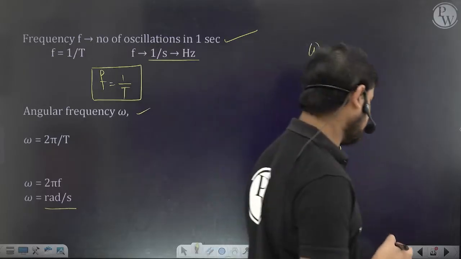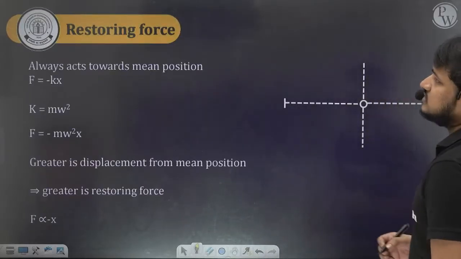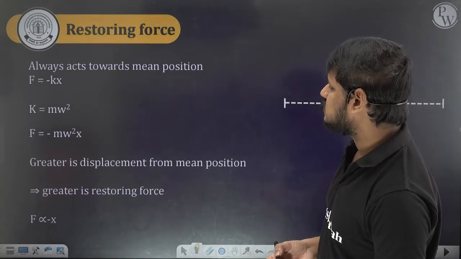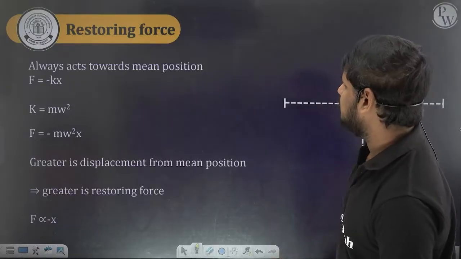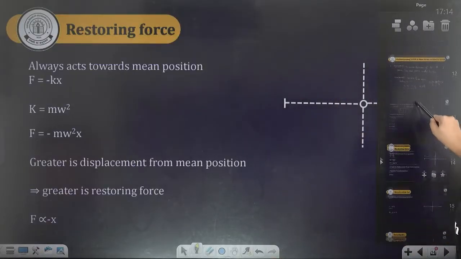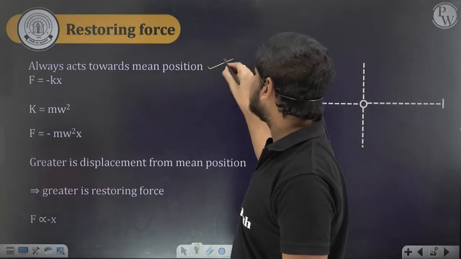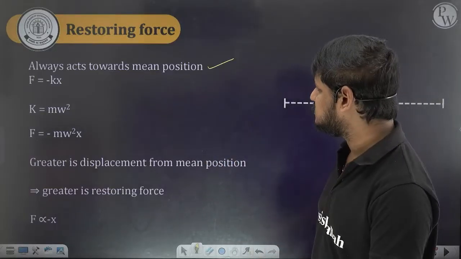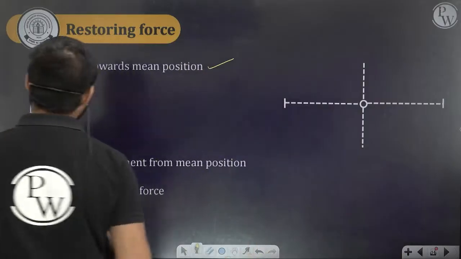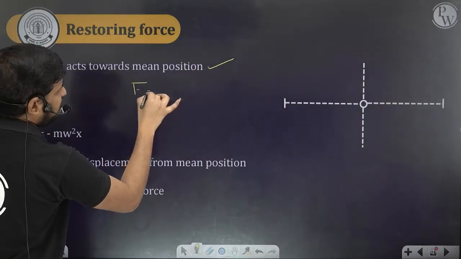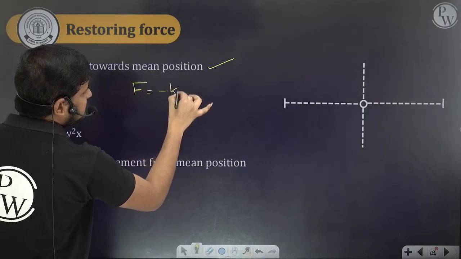Done. So let's move further. This is important: the restoring force, we already discussed it. It always acts towards the mean position. Okay, a new formula has come: F is equal to minus kx. So what is this k?